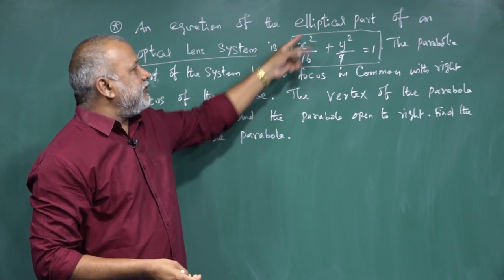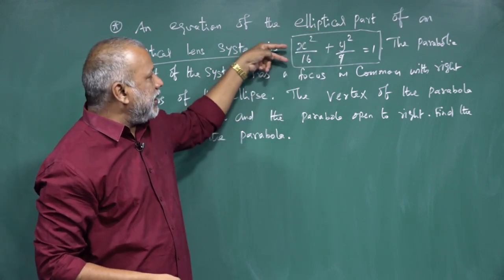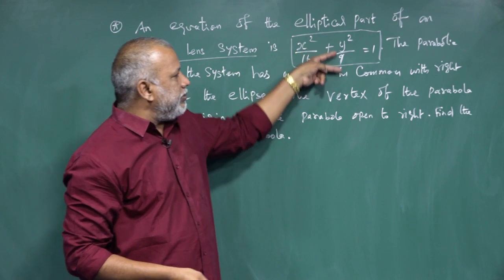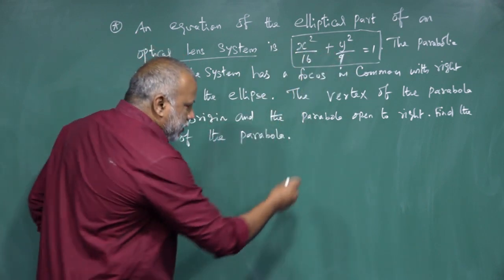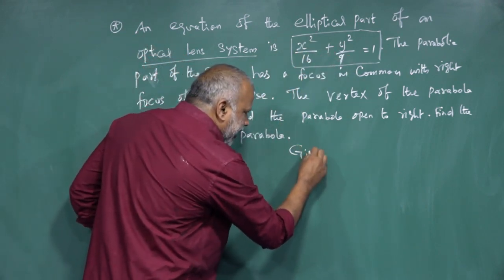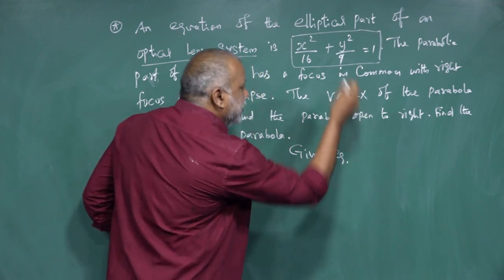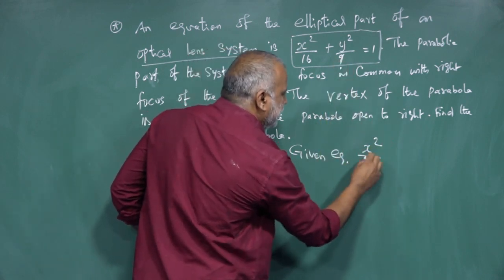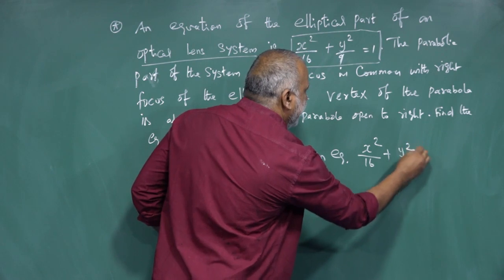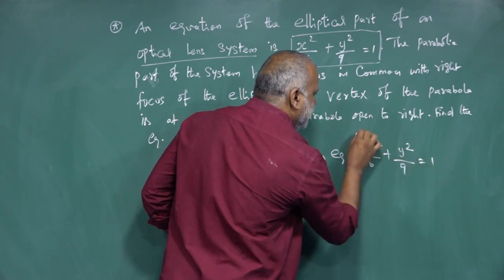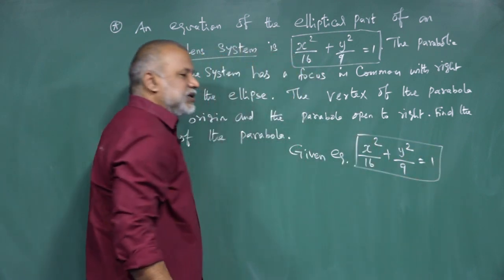Therefore, the given equation of an ellipse is x squared by 16 plus y squared by 9 equal to 1. This is the given equation of an ellipse.